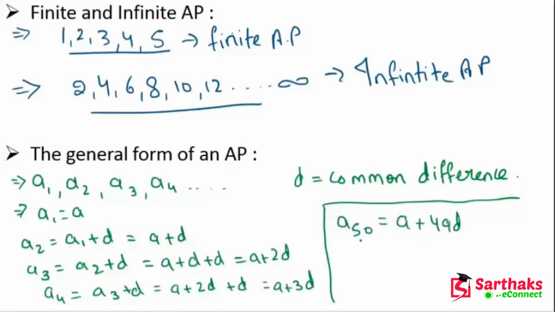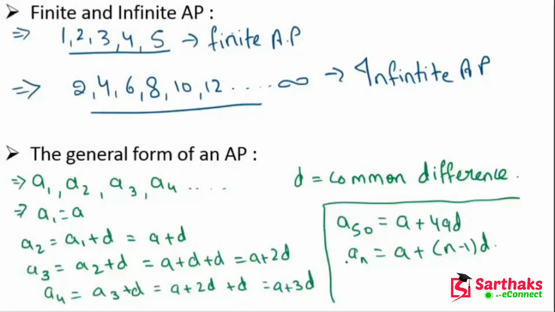We just subtract 50 minus 1. So for An, we get A plus (n minus 1) into D. I hope you understand the general form.